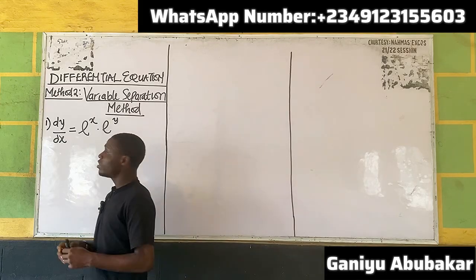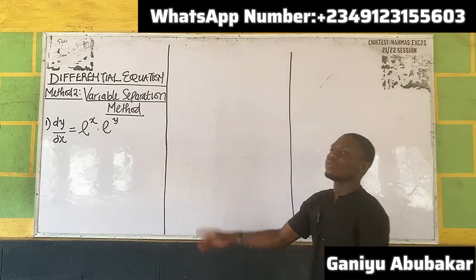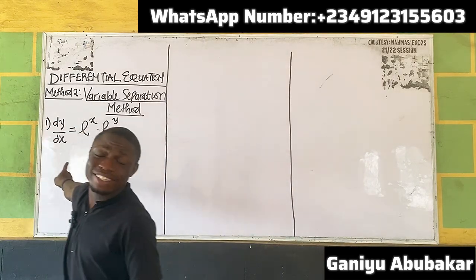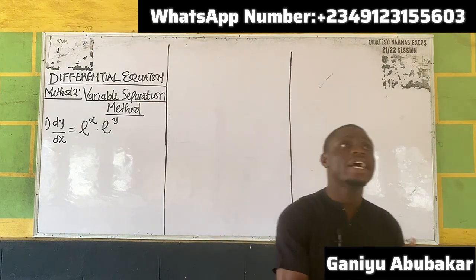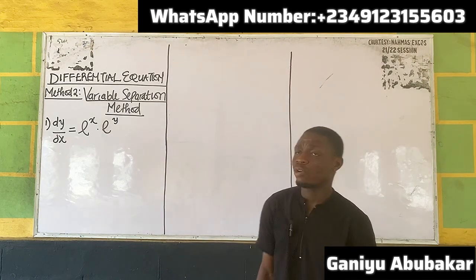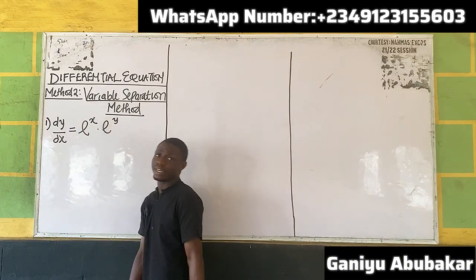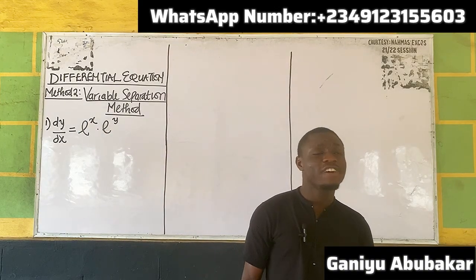All right, we have dy over dx is equal to exponential x times exponential y. Now, here is the idea. Ask yourself, is this a direct expression method? Of course not. Why? Because I have a mixture of both x and y. So it is variable separable.